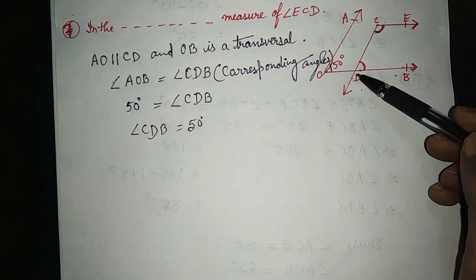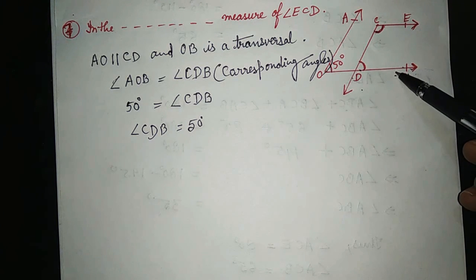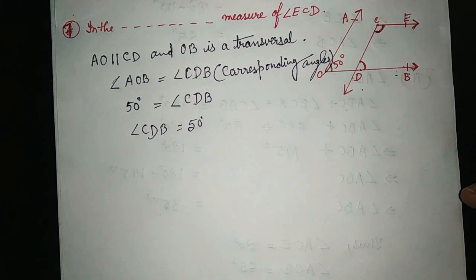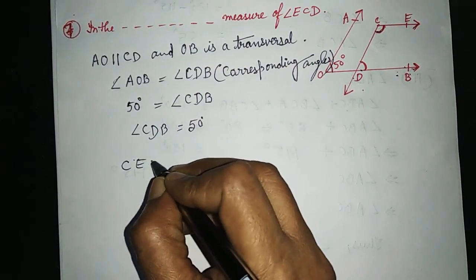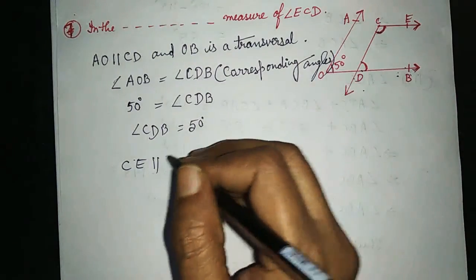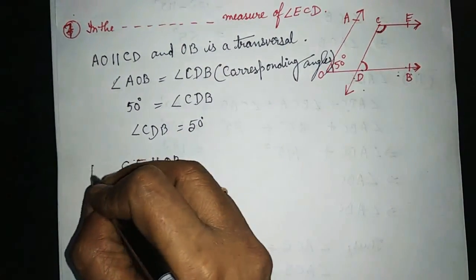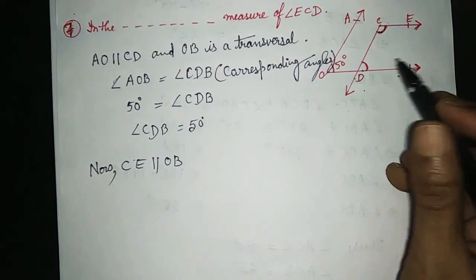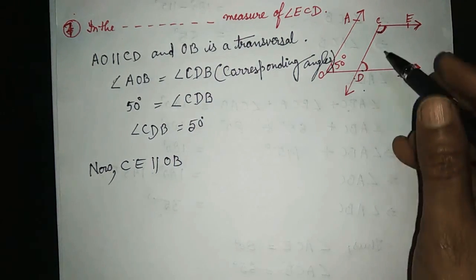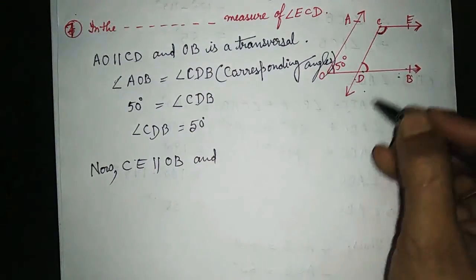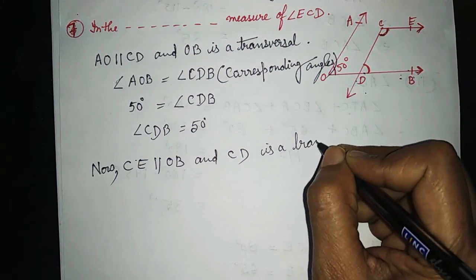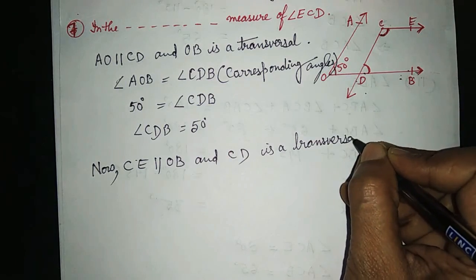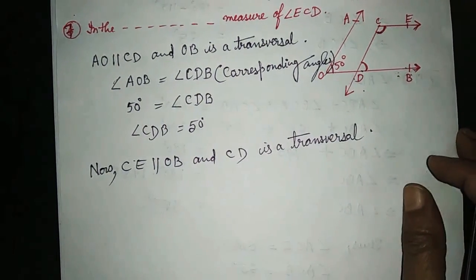But before calculating this, again we will write about parallel lines and transversal lines. For this angle, we will write here CE is parallel to OB and CD. This CD is a transversal.